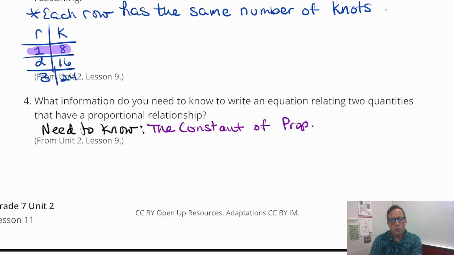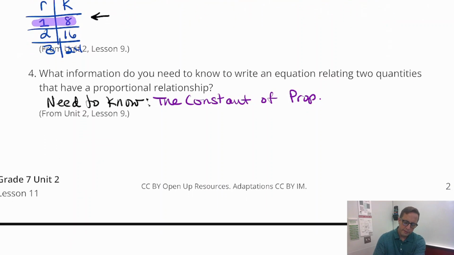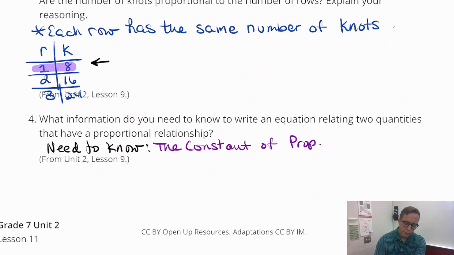It's good to know what's going to be our related values. In this case, we've got k to r or r to k. It doesn't really matter. I mean, if you look at the way I wrote out my table, I can say that k equals, k is for knots, not for constant this time. That can be confusing. But k equals 8r.